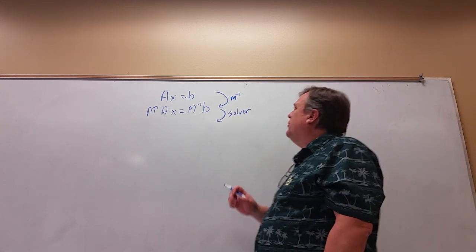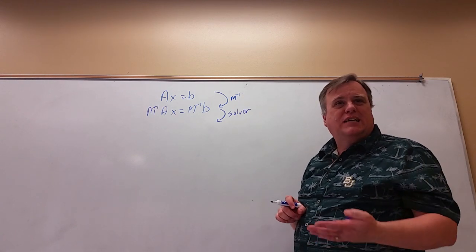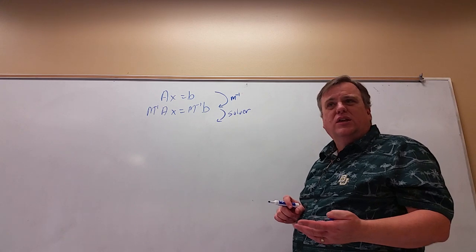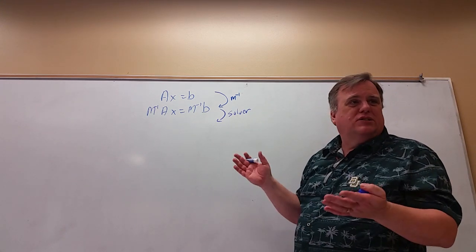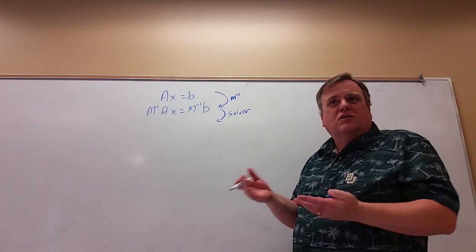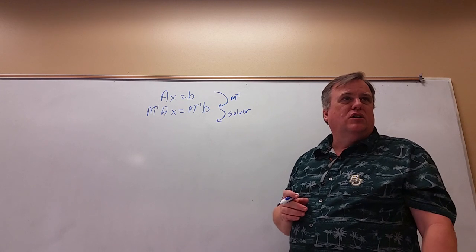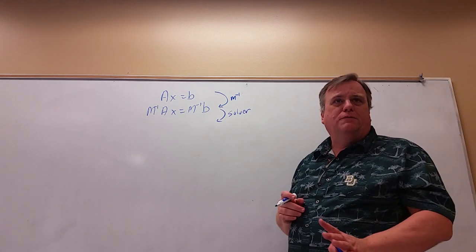For instance, applying the M inverse, if M itself was a dense matrix, then I'm stuck doing basically M cubed if it's an M by M matrix. I'm stuck doing just a huge amount of calculations, so this would be very, very inefficient.